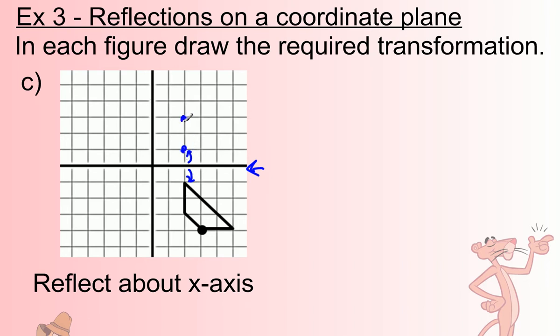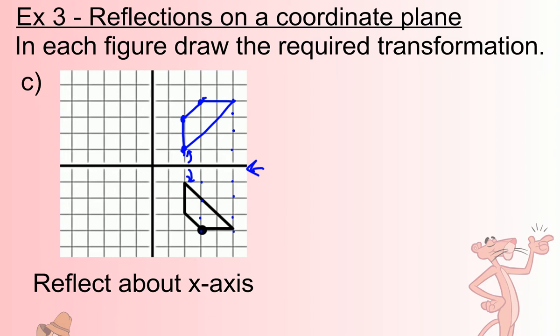And then up 2. So I went up 2 more here. I'm going to go diagonal this way, or I can just do this. 1, 2, 3, 4. 1, 2, 3, 4. And there we go. We have a reflection about the x-axis.